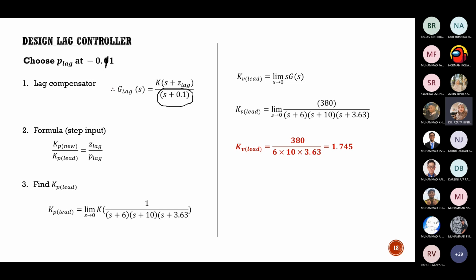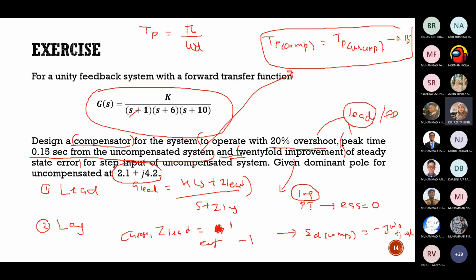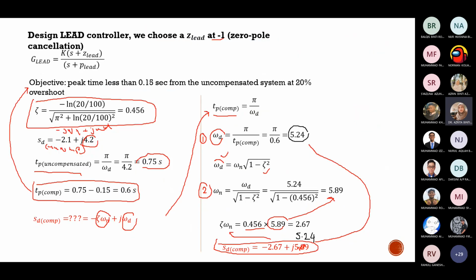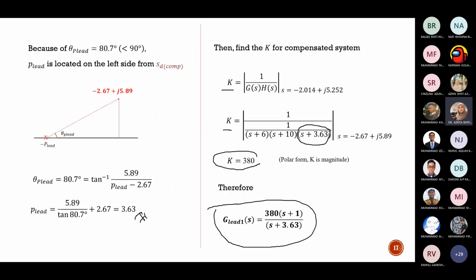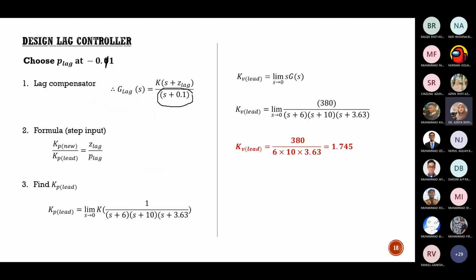Okay, since the question mentions the step input, for the static error constant, we will use the Kp formula. Kp new over Kp lead equals z lag over p lag. First, we need to find the Kp lead.